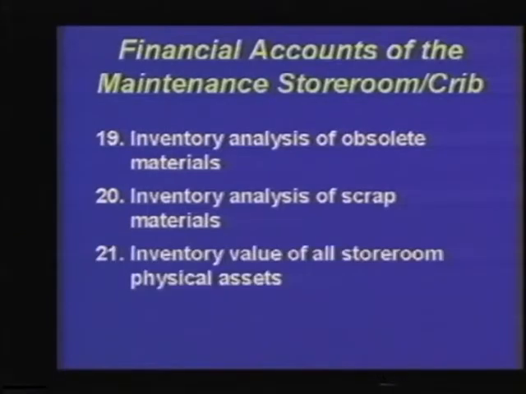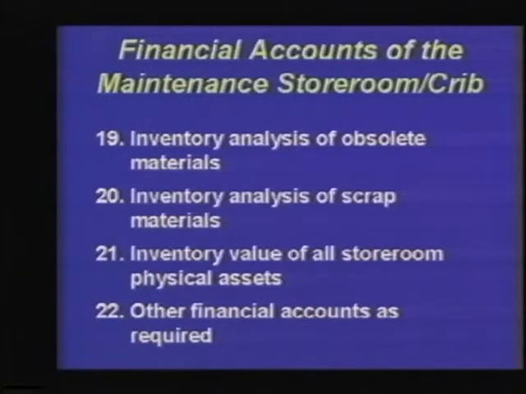And also 21, the inventory value of all storeroom physical assets, which would include, as an example, the shelving cost, the equipment cost, and any cost relative to equipment, and any other cost associated to maintain the operating condition of the storeroom. And 22 indicates other financial accounts as required. Remember, user defined.